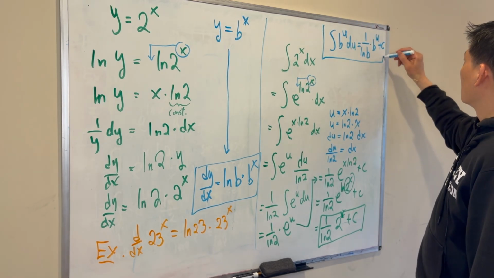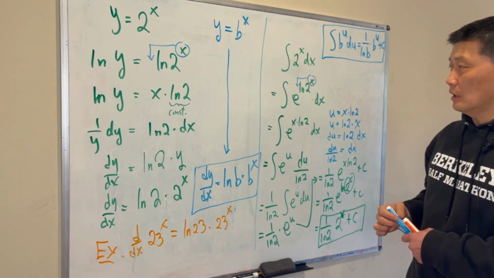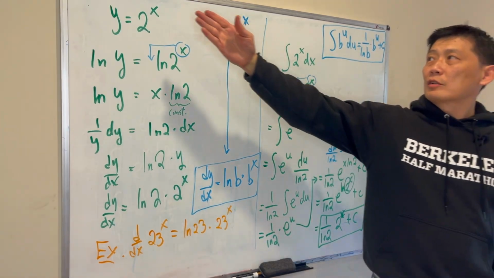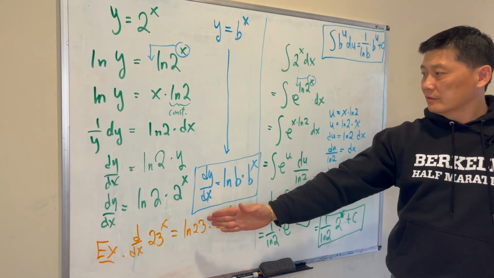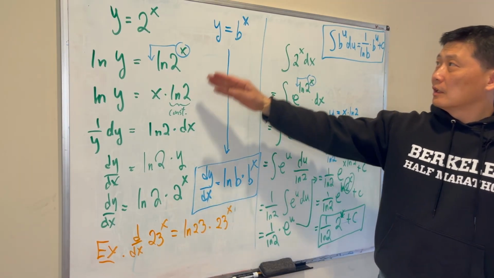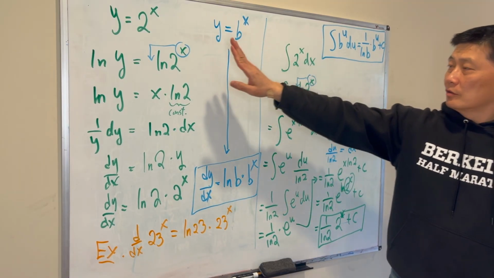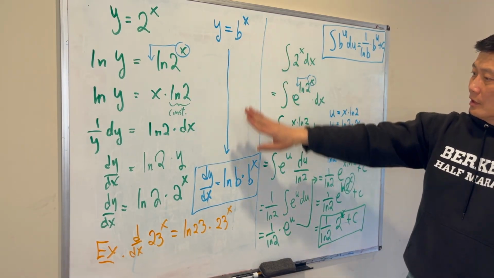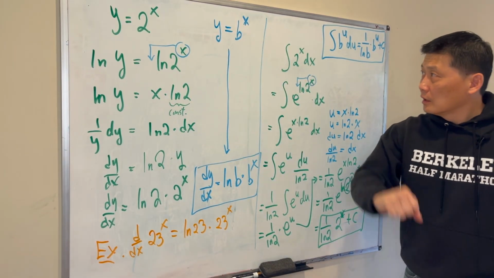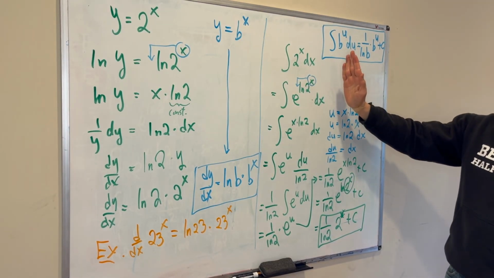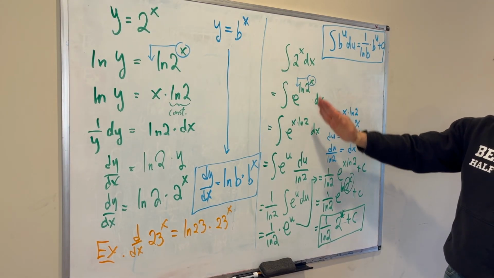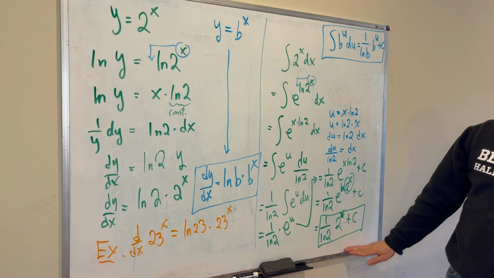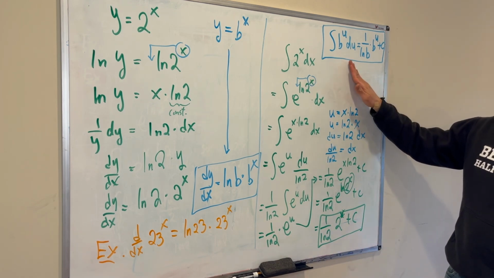This is my second shortcut. So same function, taking the derivative, I get this. I use this function, this problem, to illustrate a shortcut. I have the same function, I take the integral of this, I end up with this, and then I end up with a shortcut for something like that.